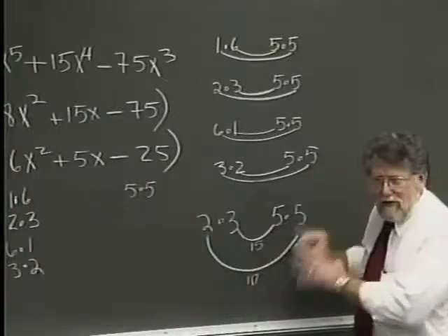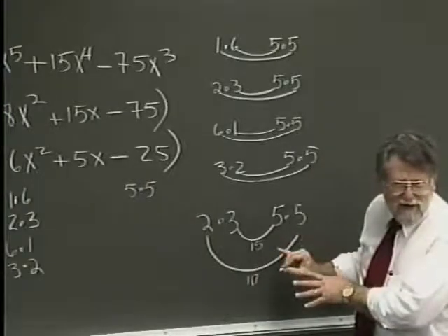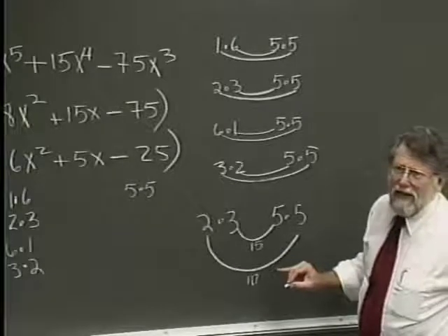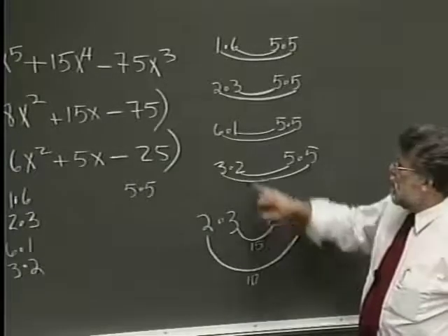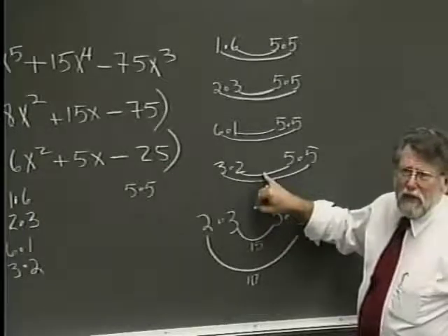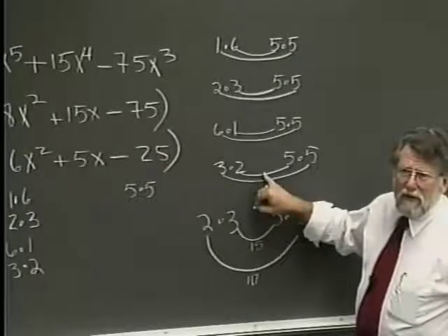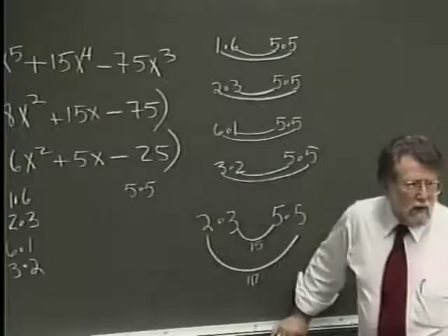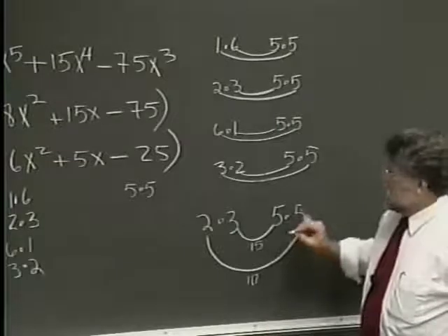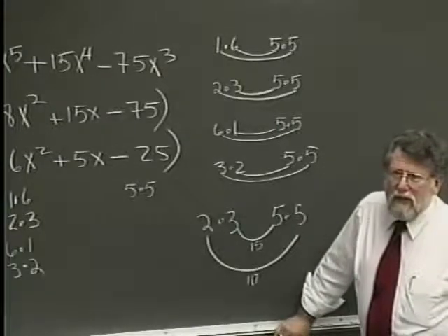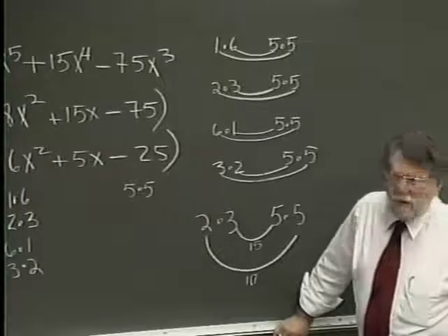Now, this is the critical step. If you see this, again, we're in business. And you may ask, well, wait a minute, why didn't, say, the 3, 2 work? Okay, well, if I had this one, would it work also? Well, I get a 10, I get a 15, it will also work. Why? Because I had the 5, 5 here. That happens to work both ways. But will the 6, 1 work?